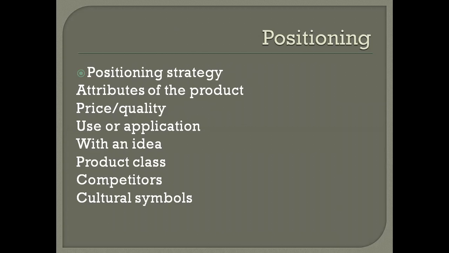Some companies' positioning strategy may be a cheap product, others have a strategy of a premium product. They position their product like L'Oreal colors as a premium product. Some people position their product like 2-minute Maggi. Quickly we can make a Maggi, right? So there are different positioning strategies people go for.